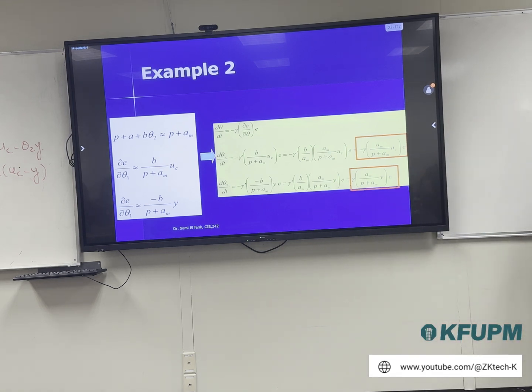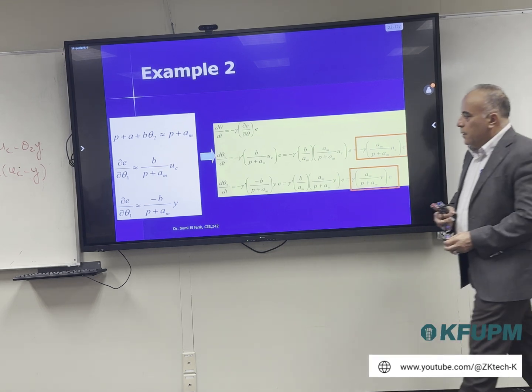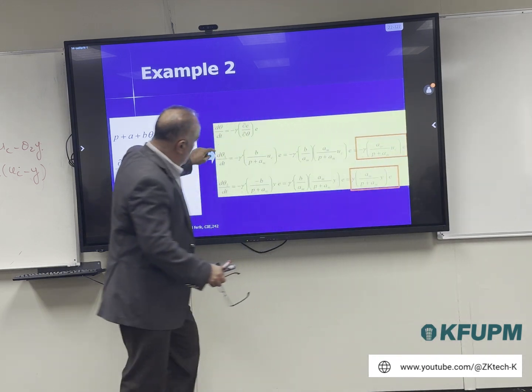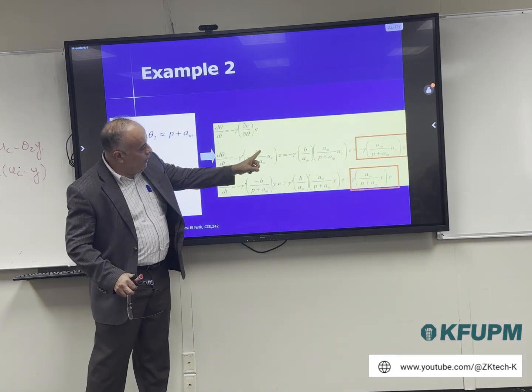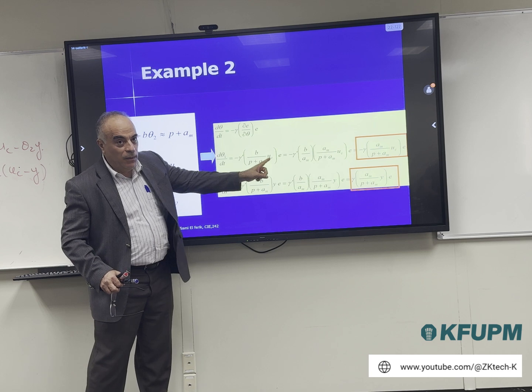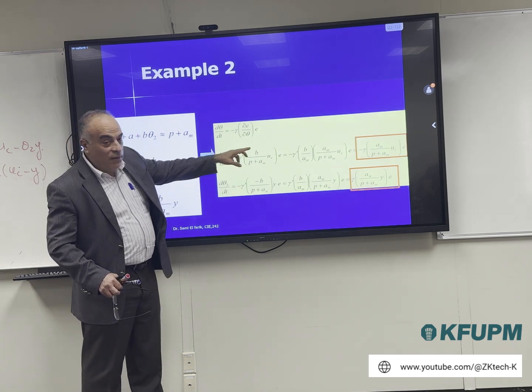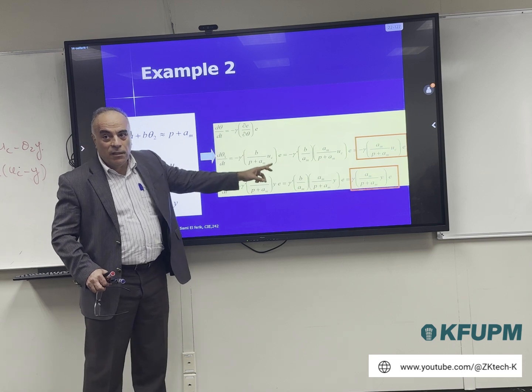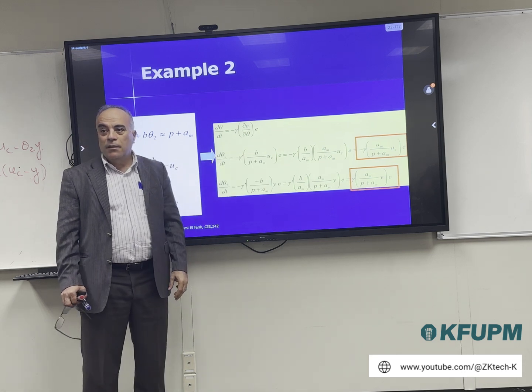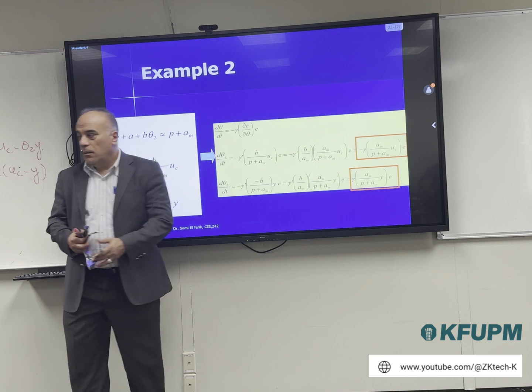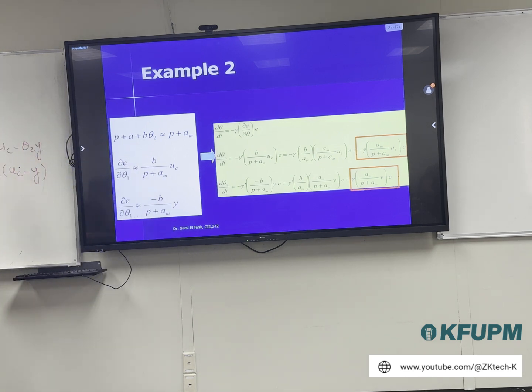Right? Now, if I put only 1 over P plus A multiplied by UC, multiplied by gamma prime, this is like a filtered signal, but the steady state error of this filtered signal will not be 0. So I'll have gamma prime multiplied by B, and then 1 over P plus AM applied to UC.